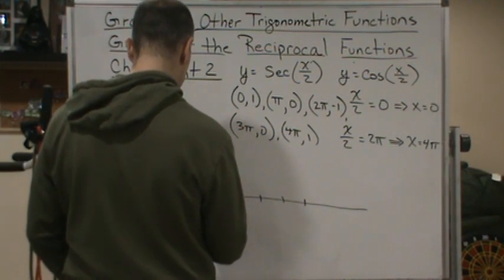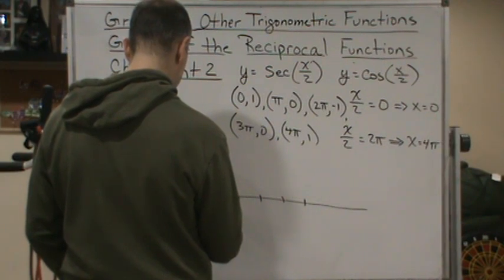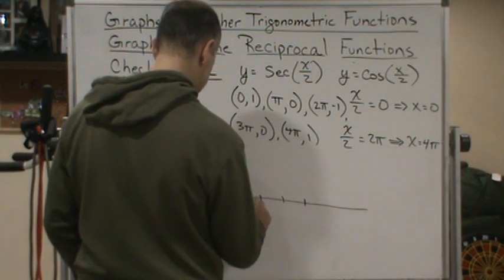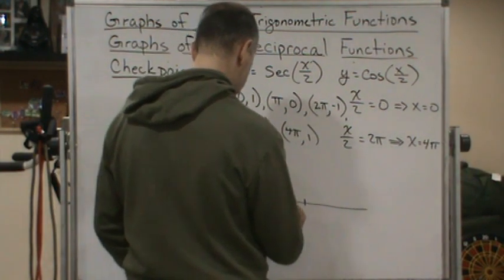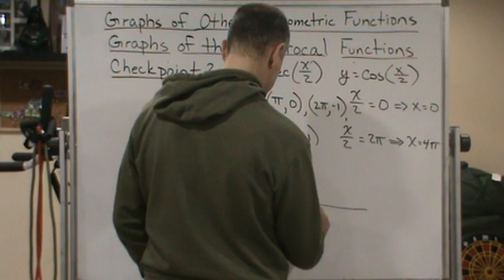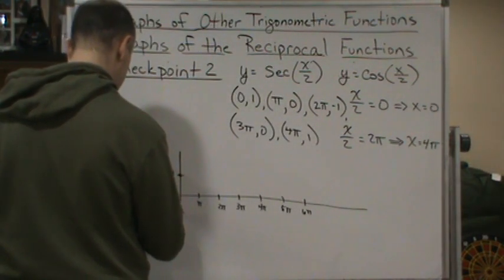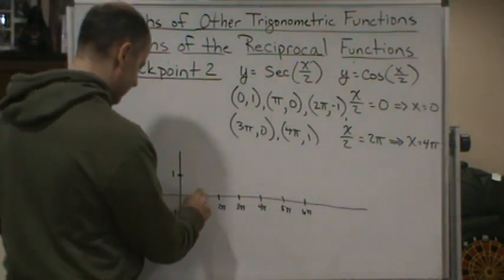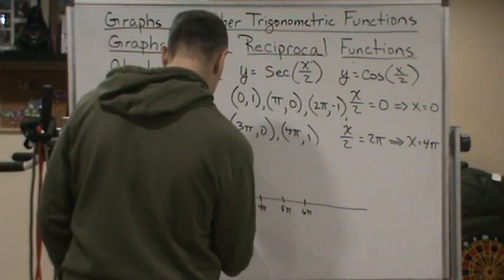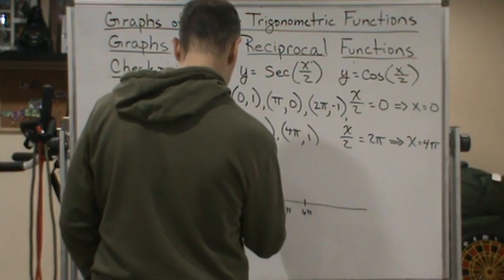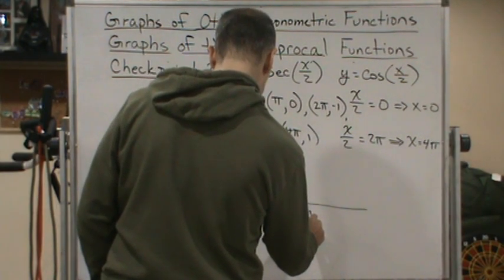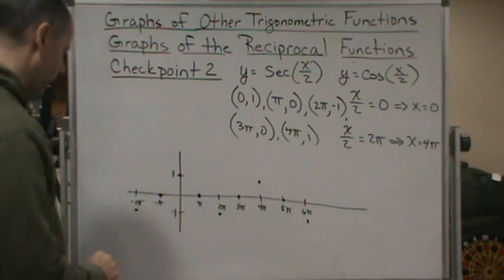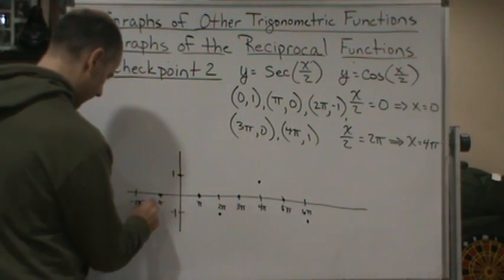Let's do our x-axis here. Okay. So pi is 0, and then -1, and then 0, and then +1, then 0, then -1, 0 over here, -1. And so again, I'm just going to connect with the dotted line.